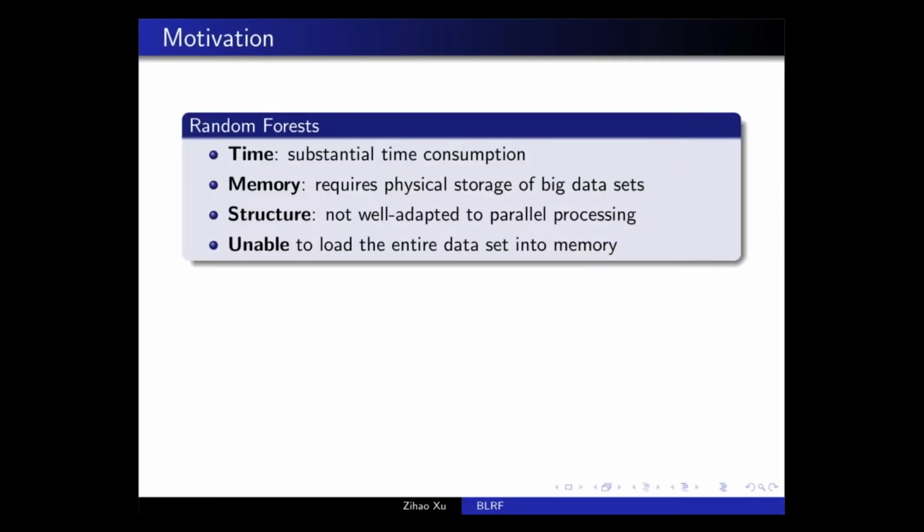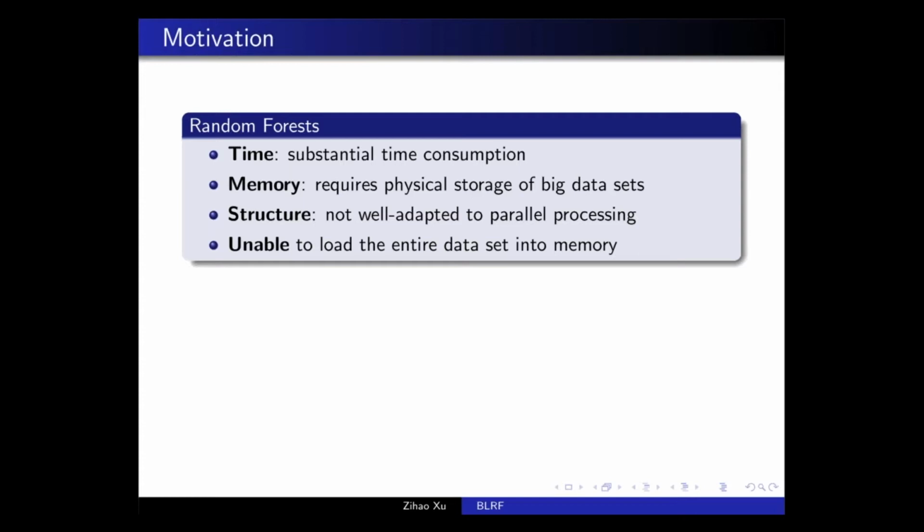And the motivation behind this project was that random forest is a very robust machine learning algorithm in classification and regression settings, but it suffers from several drawbacks. The first main two points are that random forest uses a lot of time and memory, and these are important factors that machine learning practitioners consider in their actual work.